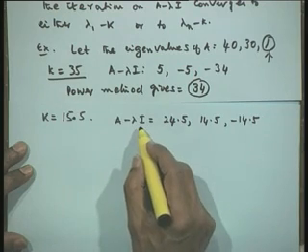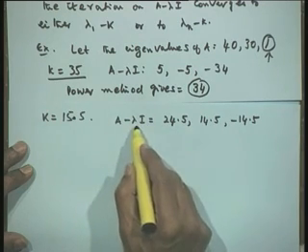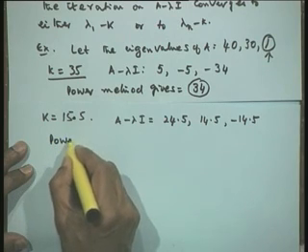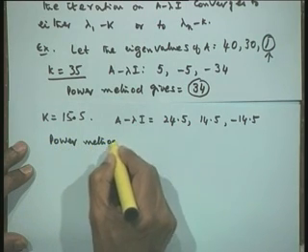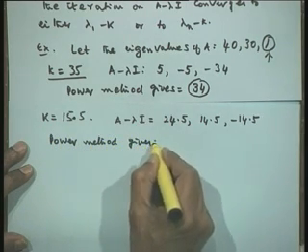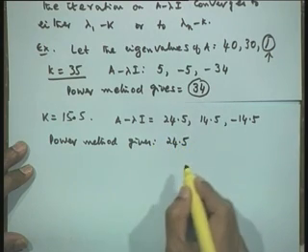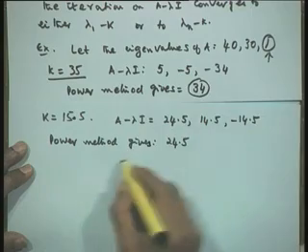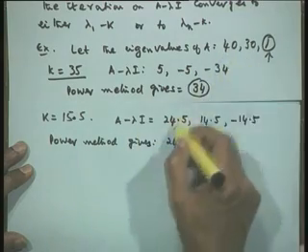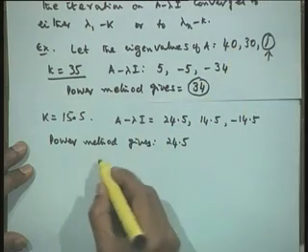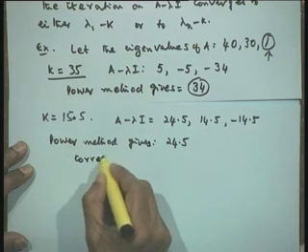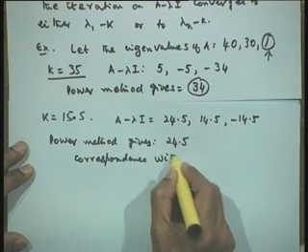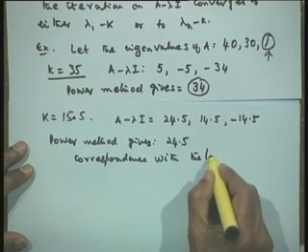Now the power method will give the largest eigenvalue in magnitude of A minus k I, that is 24.5. Therefore, the power method gives 24.5, which now corresponds to the largest eigenvalue. Therefore, the correspondence is with the largest eigenvalue.